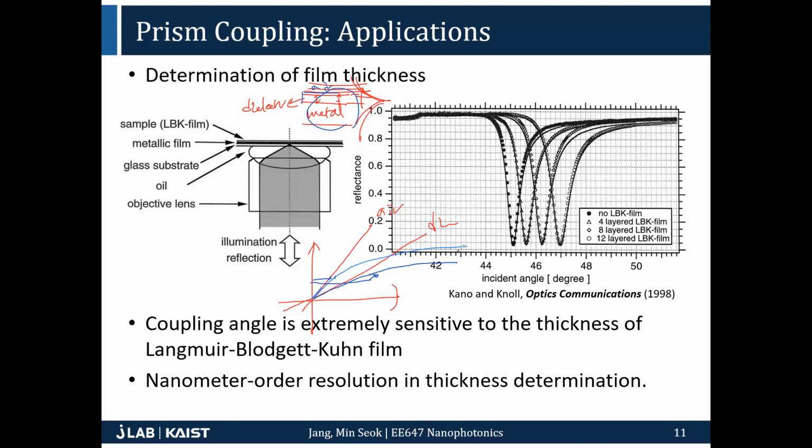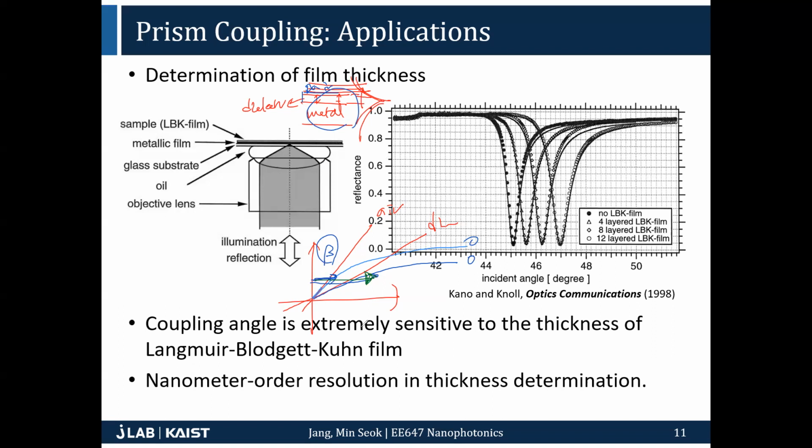It's not entirely an air metal interface, but it's not entirely a dielectric metal interface. So as the thickness of the dielectric layer increases, the beta, the propagation constant of plasmons, changes from this to this value.